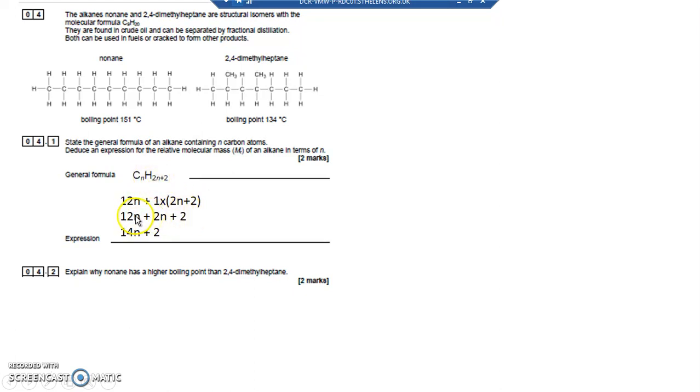Expand those brackets: 12n plus 2n plus 2 is 14n+2.